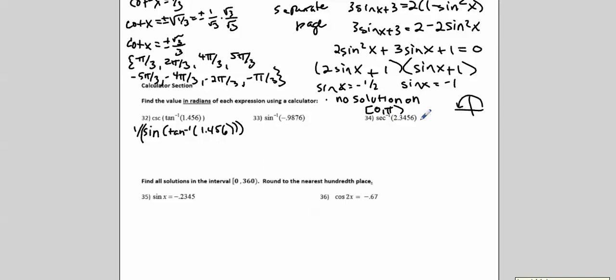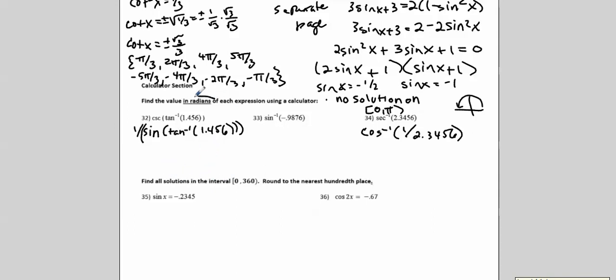And for 34, we have an inverse secant. When you do inverse reciprocal functions, it's not going to be 1 over the cosine, it's going to be 1 over the input. So it's going to become inverse cosine, and then 1 divided by 2.3456, like that. Alright, so that's exactly what we're going to put into the calculator.